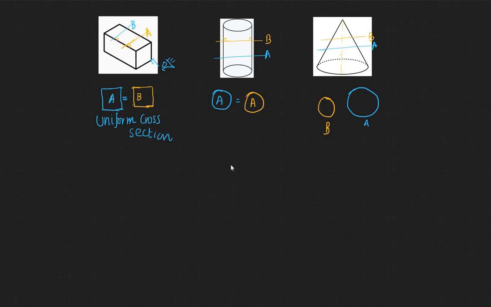Uniform cross section solids are interesting because you can find the volume very easily. So the volume of a uniform cross section solid would be equal to the cross-sectional area, which is the area of this side, into the length.